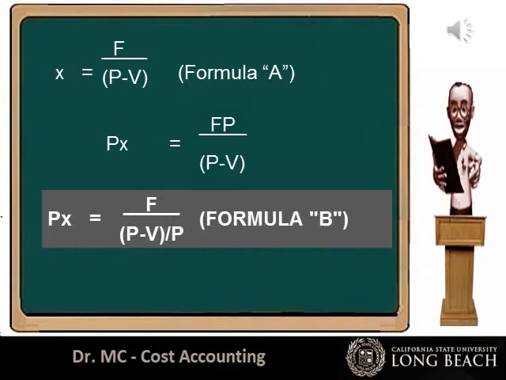Formula A gave you the number of units that your firm needs to produce and sell in order to break even. If you multiply both sides of Formula A by P, you get PX equals FP divided by (P minus V). This can be simplified to PX equals F divided by ((P minus V) divided by P), which we will call Formula B. Formula B gives you the amount of sales revenue that you need to sell in order to break even.